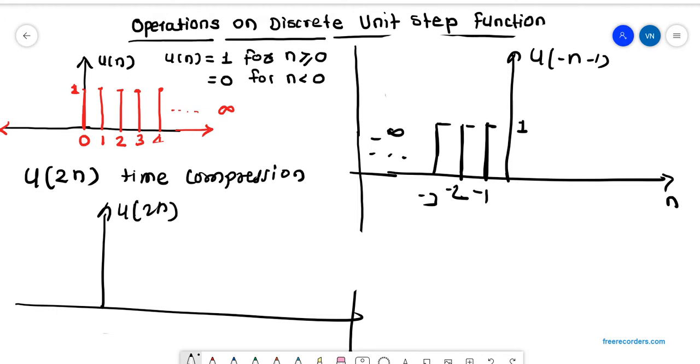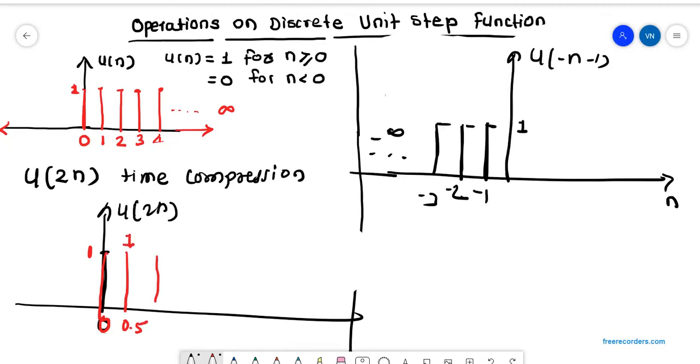So whatever the signal is there, like u of n, we have to divide each and every time period. So 0 divided by anything is again 0, so you will get again 1 amplitude. But whatever the amplitude was for 1, now that amplitude is for 0.5, because 1 divided by 2 is nothing but 0.5.